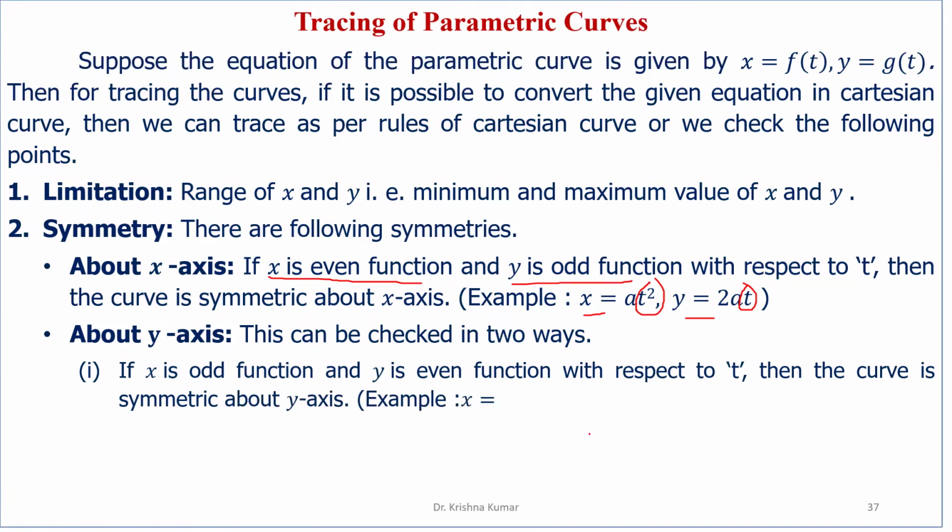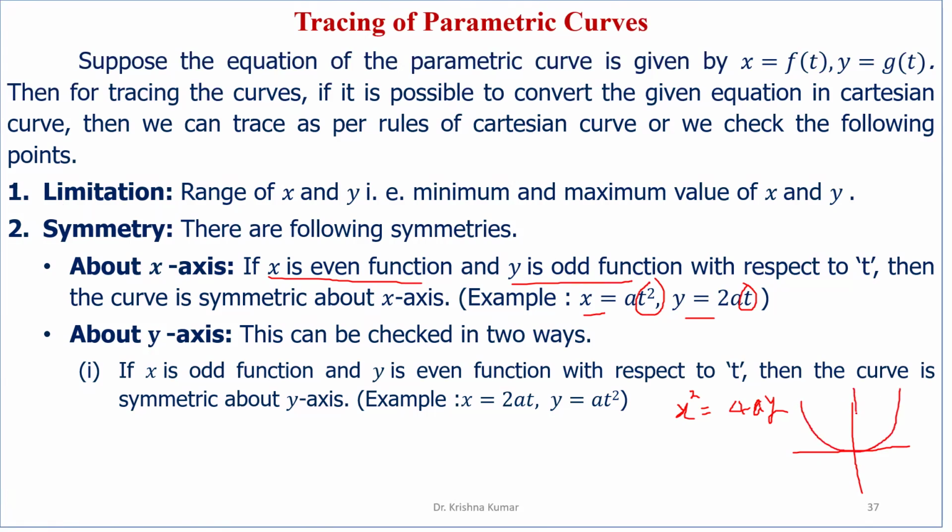For example, x equal to 2at and y equal to at square. It is the parabola x square equal to 4ay, and if we trace it, we get this type of figure.